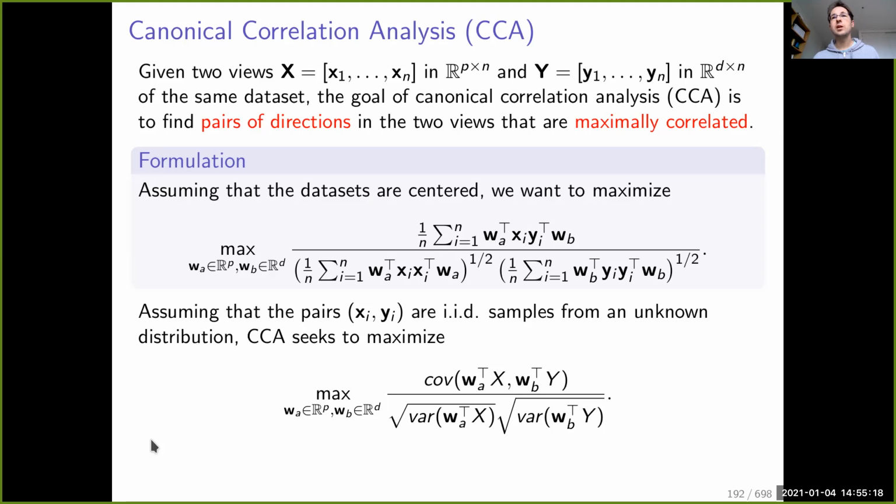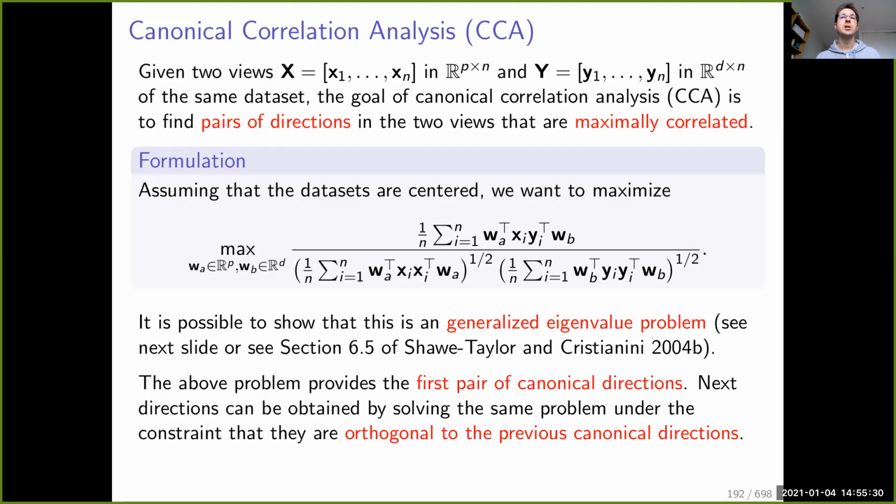And so after I say that, it seems that I'm simply defining an objective that does what I want, and that to apply this in practice, I need to work a bit more. It turns out that it can be seen as an eigenvalue problem, which is called a generalized eigenvalue problem.